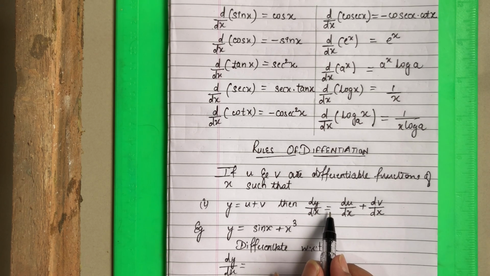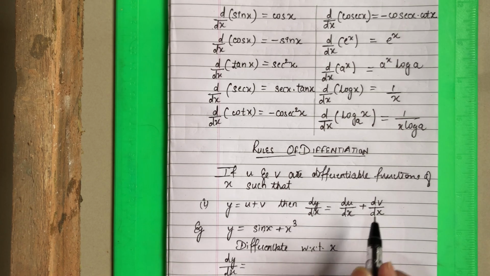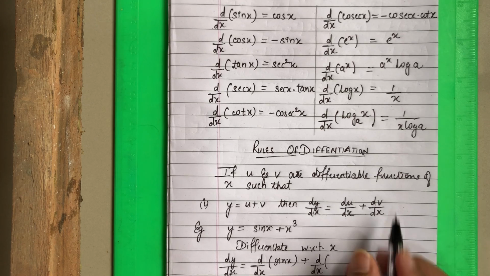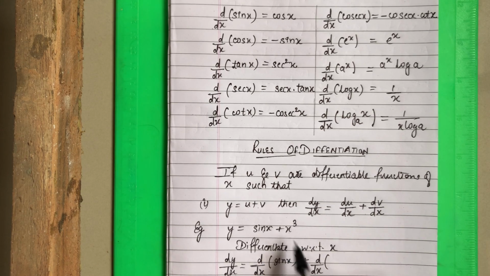So dy by dx is equal to d by dx of u plus d by dx of v. So I can write down here by using this rule d by dx of u, u is sin x, plus d by dx of v, v is here x cube.